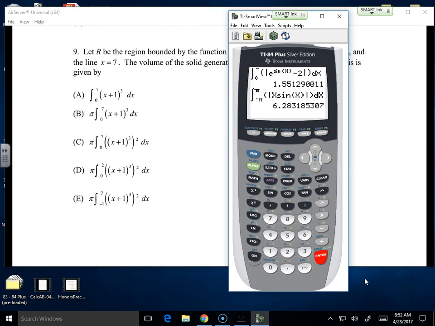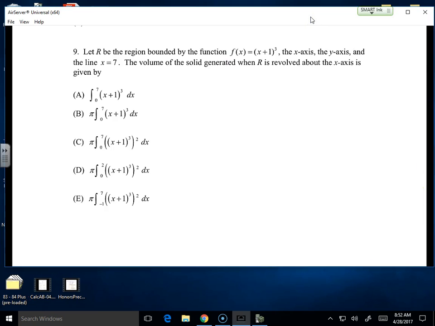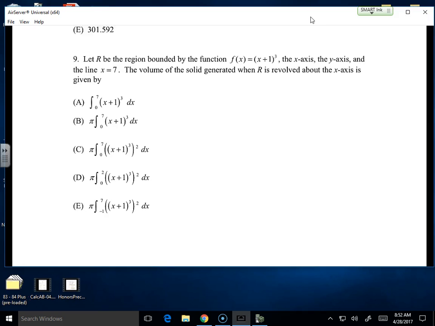Number 9. We're on a roll today, guys. Oh, we have another revolved one. It's not a graphing calculator problem, so we kind of have to know our basic graphs.